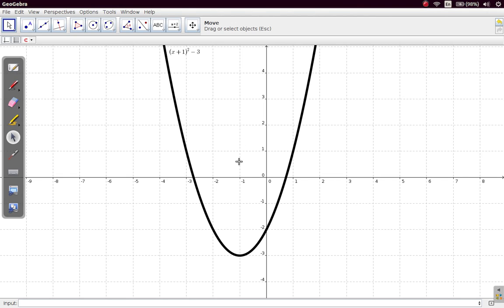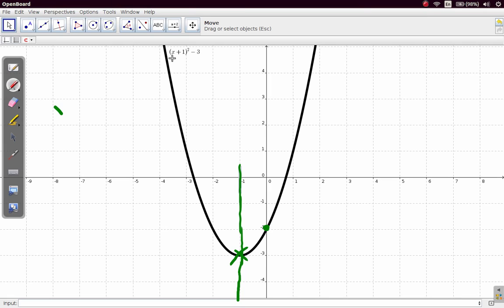The axis of symmetry would be x equals negative 1, which would be this line here. The location of the minimum point is negative 1, negative 3. You see that there? It cuts the y-axis at negative 2, as we saw before.